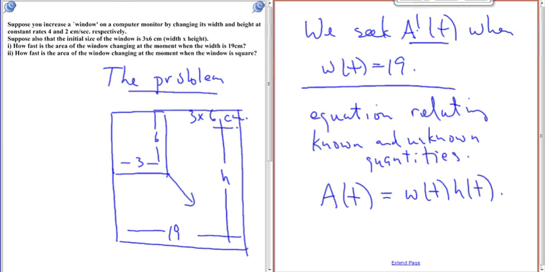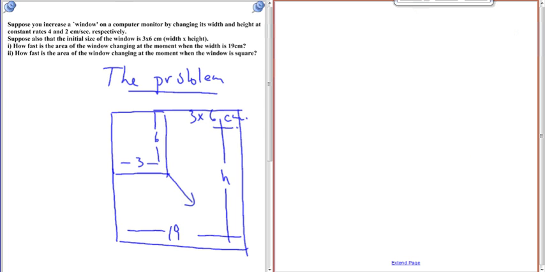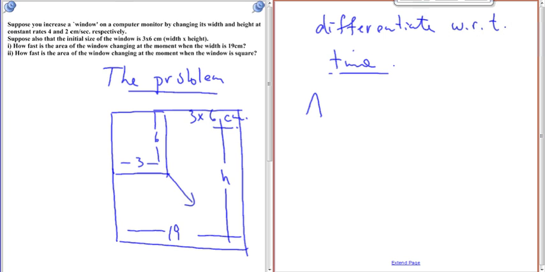The idea in a related rates problem is to now differentiate that equation with respect to time. A related rates problem typically occurs in time, and that's always the variable with respect to which we are differentiating. So let's find A'(t). We know that A(t) is W(t) times h(t).